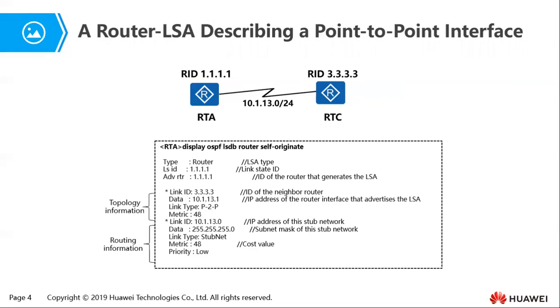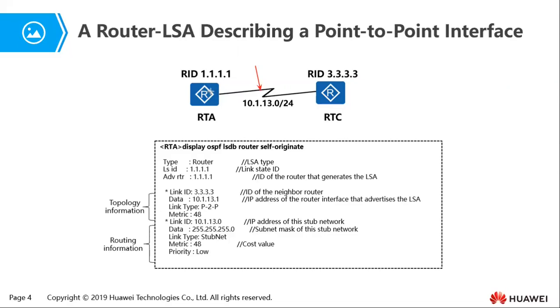As I have said, each OSPF router in a network will originate, that is produce, a Router-LSA for each area to which the router belongs. So here, for example, we have a point-to-point link between RTA and RTC.